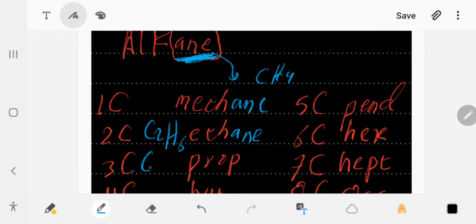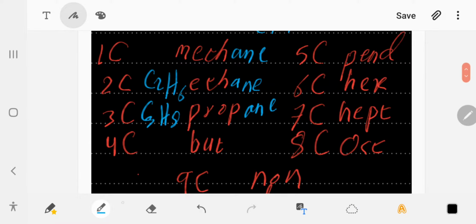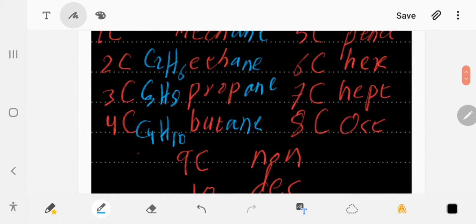3 carbon atoms means C3H8, so it will be propane. 4 carbon atoms, it will be C4H10, and that will be butane. Sorry guys. Butane, add ane, and so on.